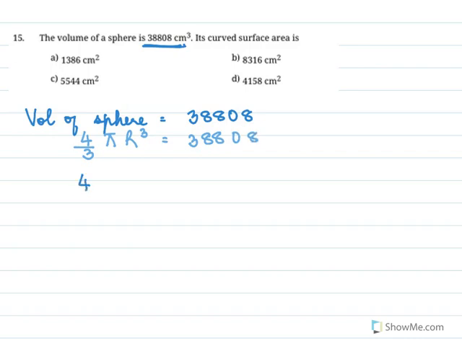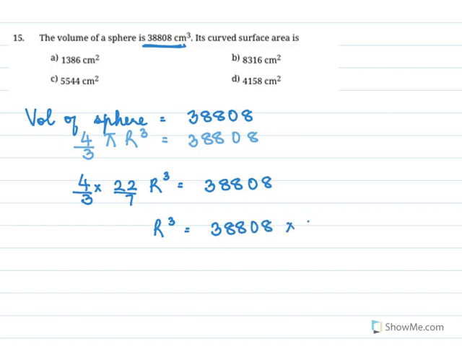So next we substitute the values. So 4 by 3 pi, 22 by 7, r cube equal to 38808. So your r cube equal to 38808 into 3 into 7 over 4 into 22. And the r then works as 21.